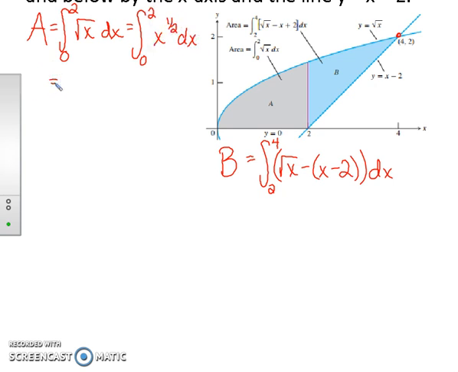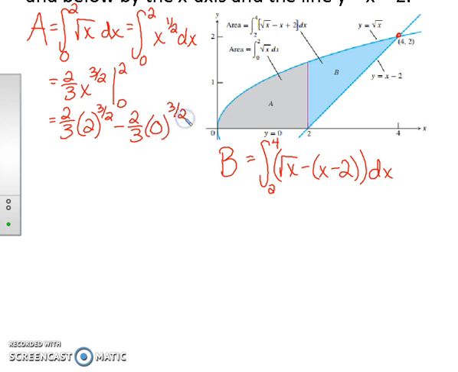Then we can work backwards. That becomes 2/3 x to the 3/2 from 0 to 2. So we have 2 to the 3/2 minus 0 to the 3/2. So 2 to the 3/2, if you want to think through what that actually is, remember we do the denominator first, so that would be the square root of 2, but then that would be cubed.